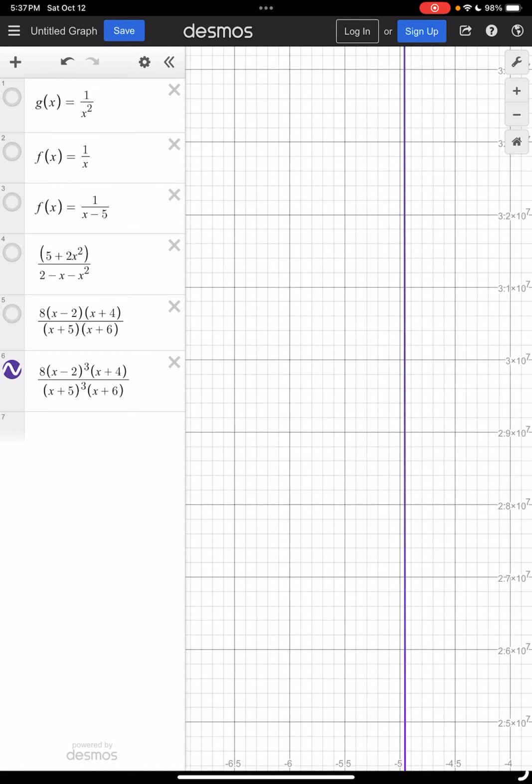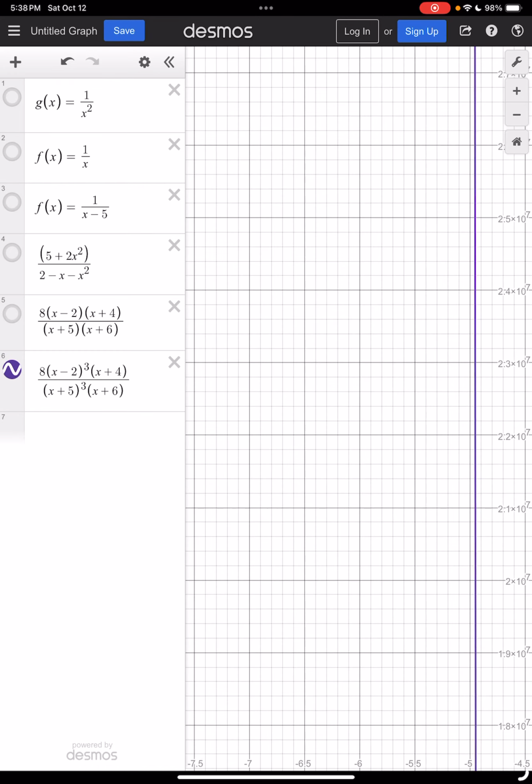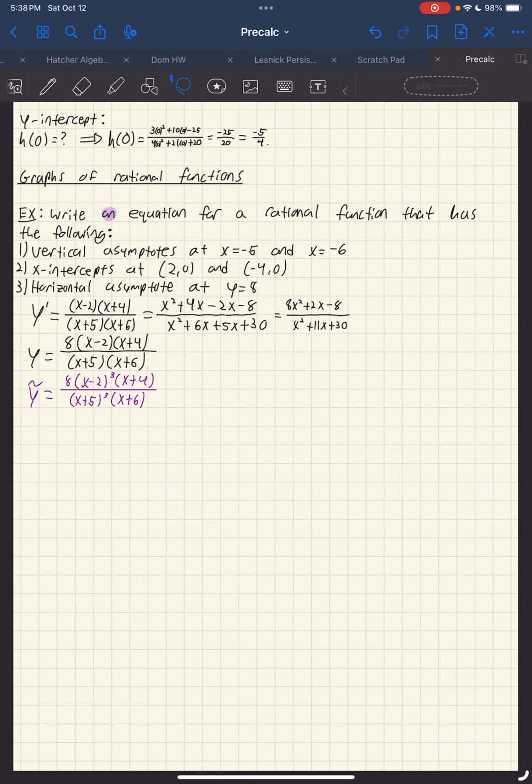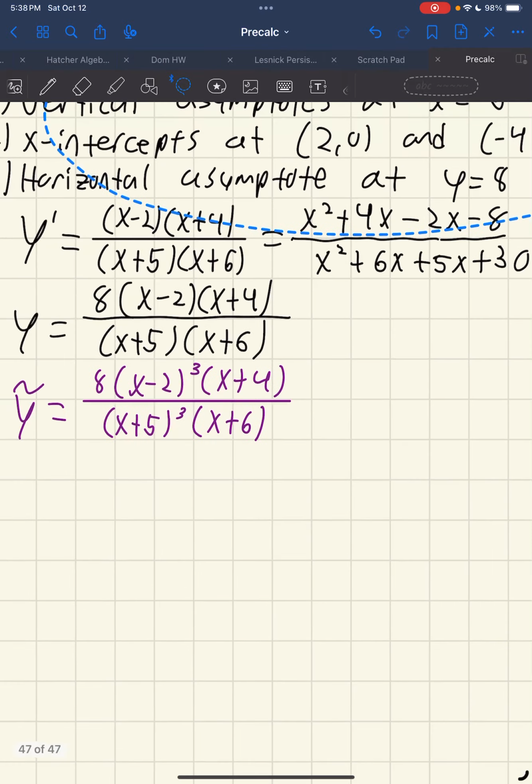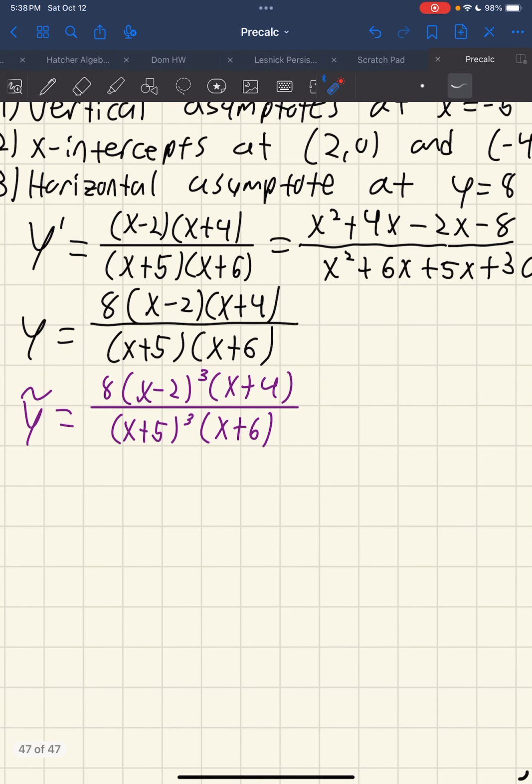Getting closer and closer to touching those lines, never actually touching them. So this function satisfies the same conditions. The only thing that changed here was I slapped an exponent here and here. Oh, I forgot to show that there's a horizontal asymptote at y equals 8. I'm sure that's believable though, because the degrees will still be the same, so we'll still get 8.